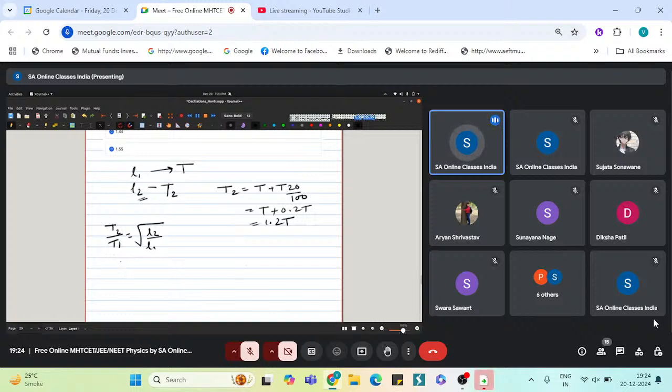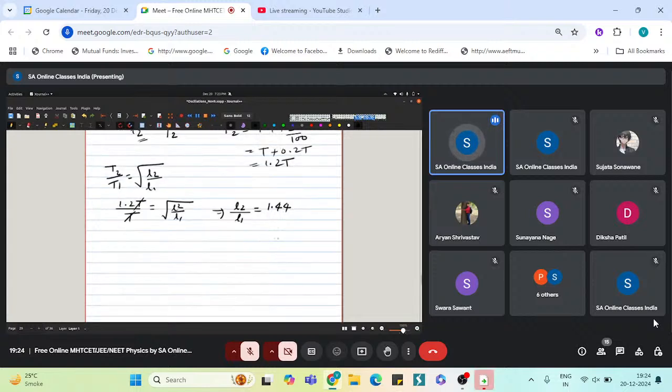So T2 here is 1.2T, and T1 is just T. So this is going to be 1.2 equal to root of L2 upon L1, and then we'll take the square of both sides. So L2 upon L1 is equal to 1.44, like the square of 12 is 144. And so L2 is going to be 1.44 into L1.